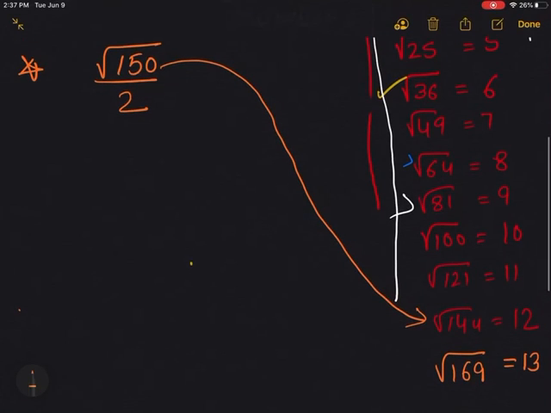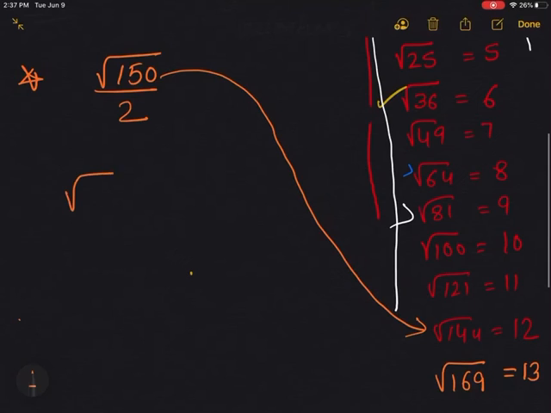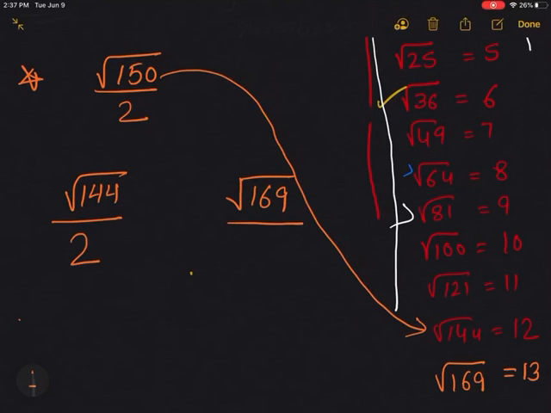So the top number would be in between square root of 144 and square root of 169. And I'm still going to put it over 2 because my original number has over 2. So I still have to keep the pattern there. Okay, so my answer would be somewhere in between these two.